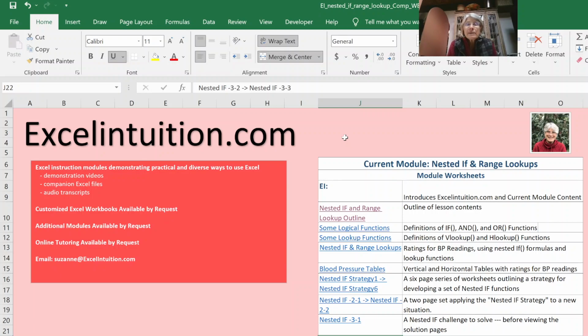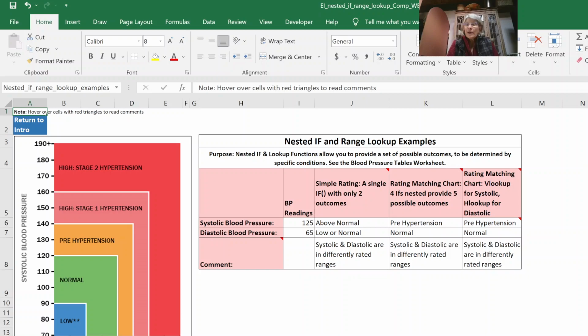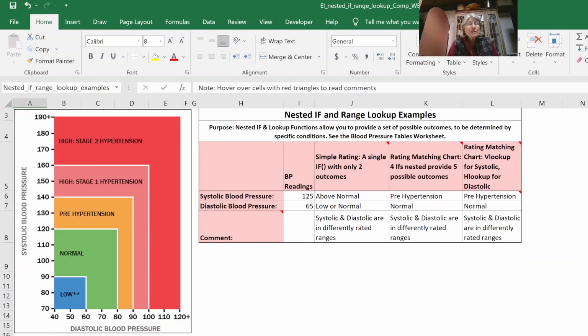In this case, we are going to look at the Nested If Range Lookups worksheet. And on this worksheet, we have an illustration of a blood pressure ratings table.